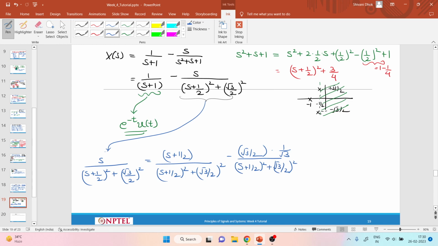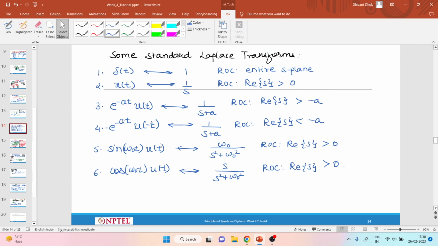So what kind of thing am I having here? Let us go back and look at these two functions. If I have s/(s² + ω₀²), its inverse Laplace transform is cos(ω₀t) u(t).